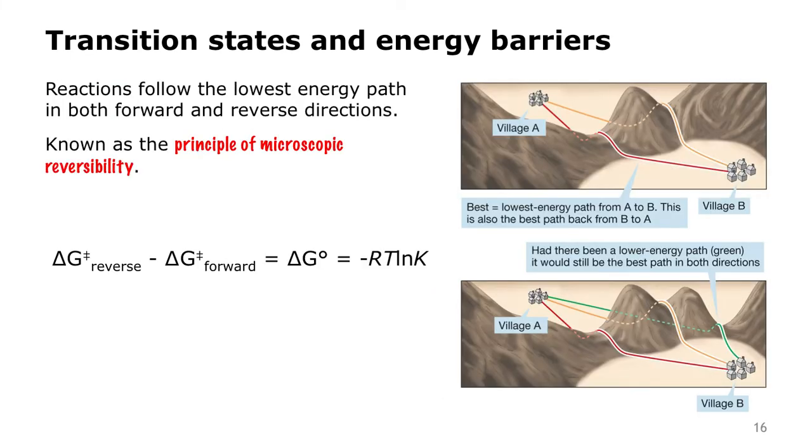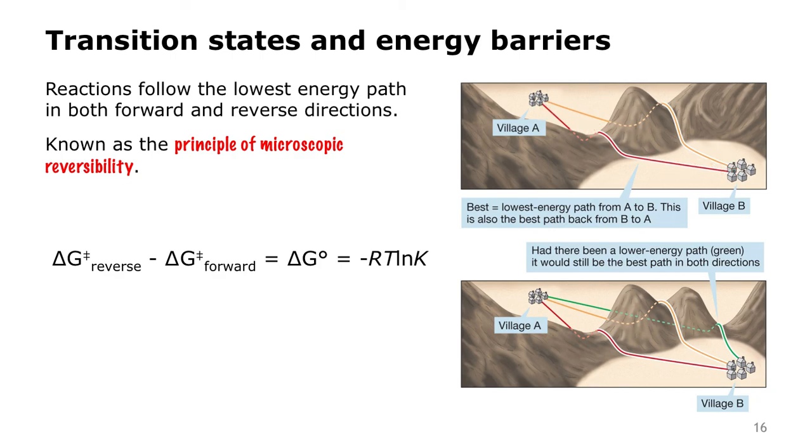Now, it's worth mentioning whether a reaction would actually follow the same pathway in the forward and reverse sense. But we know from something known as the principle of microscopic reversibility that this is what indeed will happen. And the notion is this, that imagine that you have two villages on either side of a mountain range, and there are a couple passes over that mountain range that have roads along them.